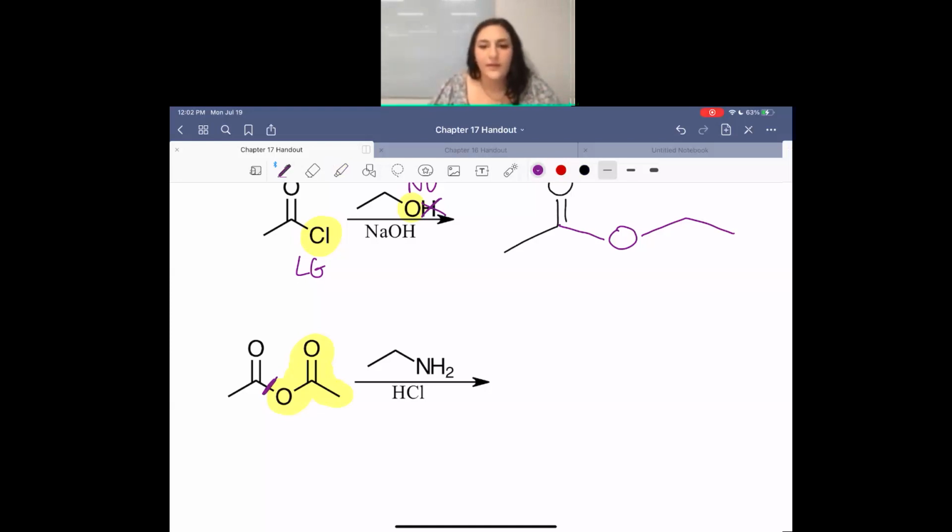And that whole yellow part will act like a leaving group. Next up, we define the nucleophile, and we know it's nitrogen. And then we get rid of one of the hydrogens. So I'm just going to cross out the number 2. And we get this. Bam.